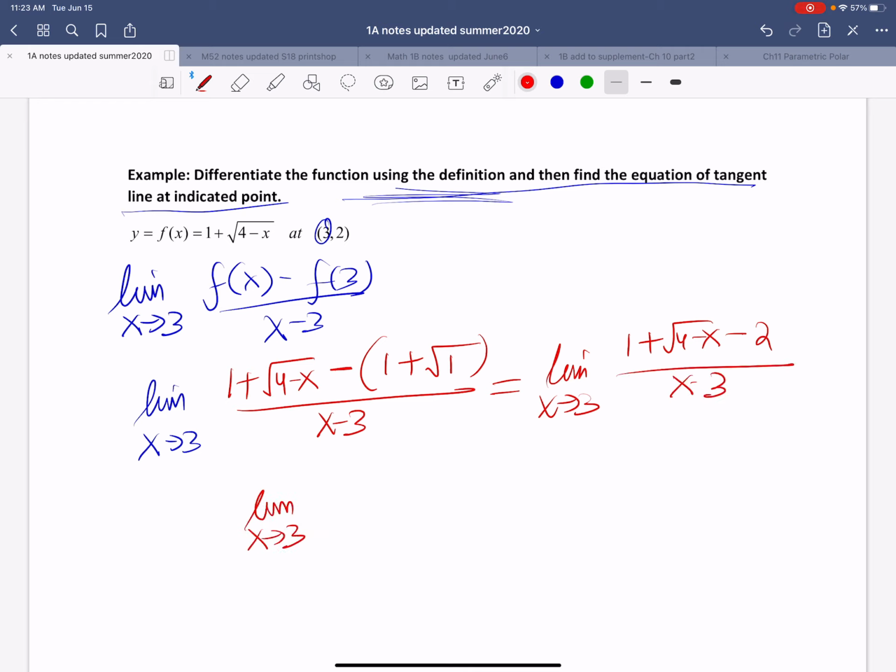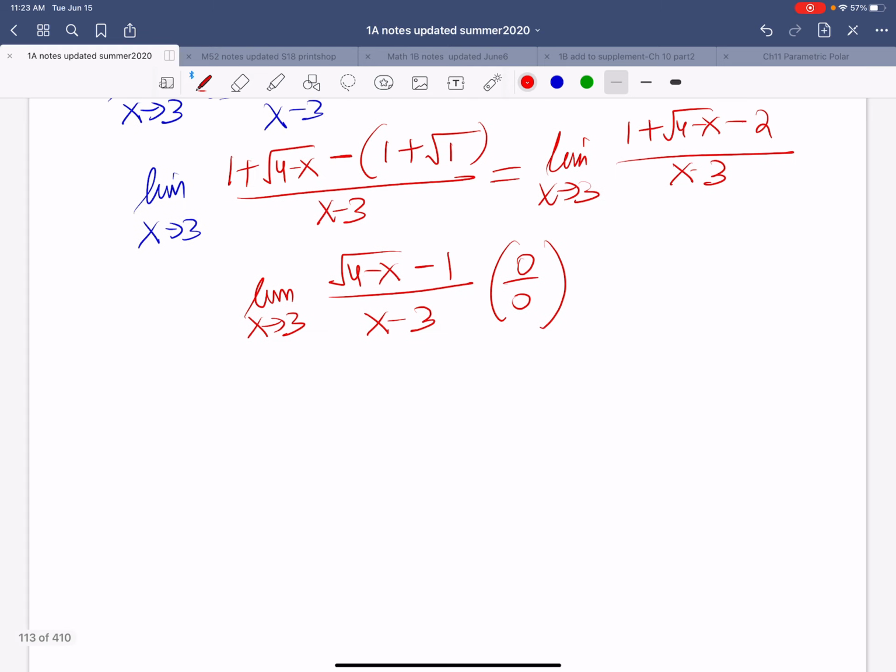Limit as x approaches 3, 1 minus 2 is negative 1, so square root of 4 minus x minus 1 over x minus 3. If I plug a 3 in for the numerator and denominator, I get 0 over 0, and that's not okay.